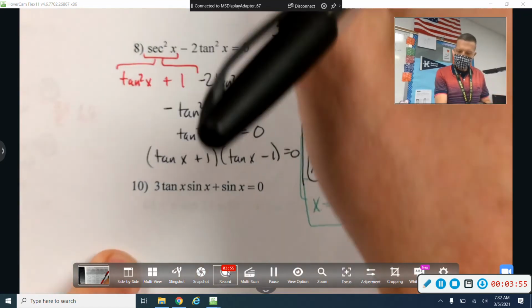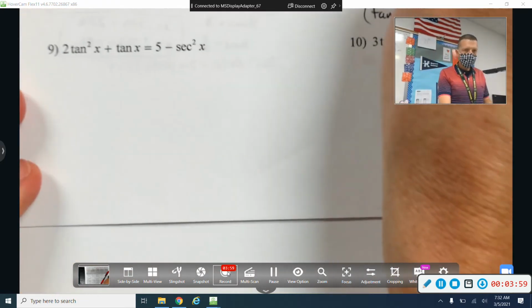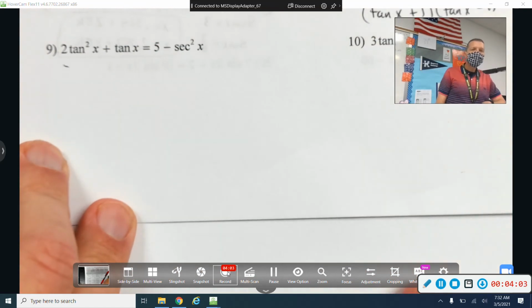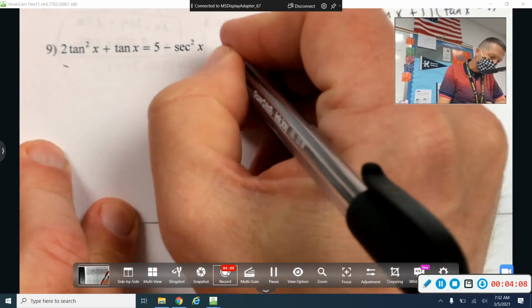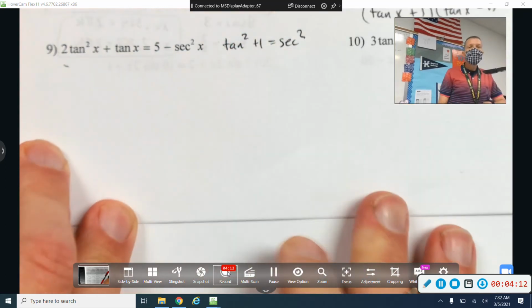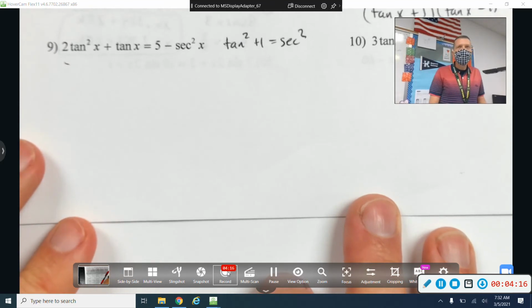Number 9. Yeah, 9's a good pick. It has the same issue with tangent squared and secant squared. Let's see, we already worked that identity anyway. Tangent squared plus 1 equals secant squared. Now this one, I do not have a choice on which one I want to substitute for.